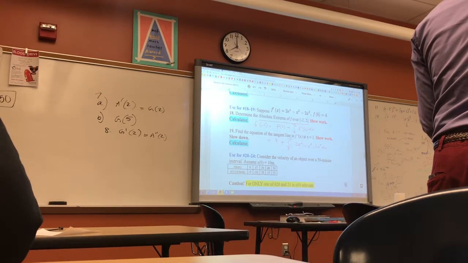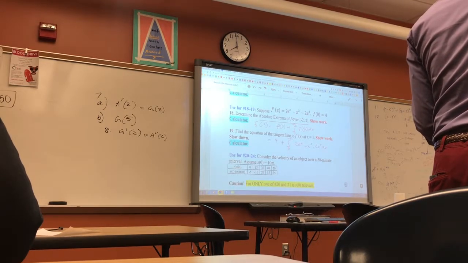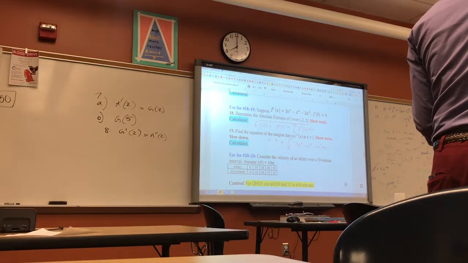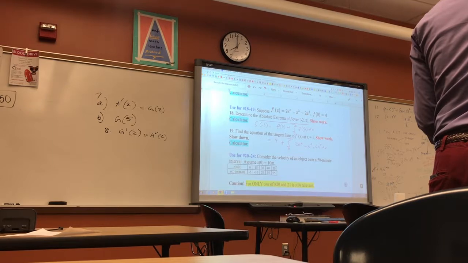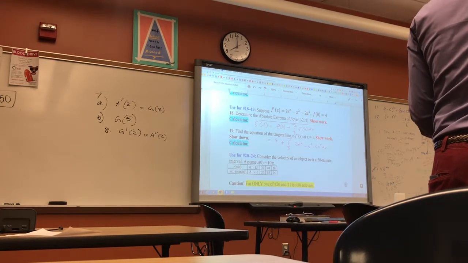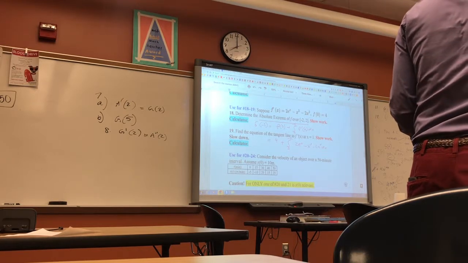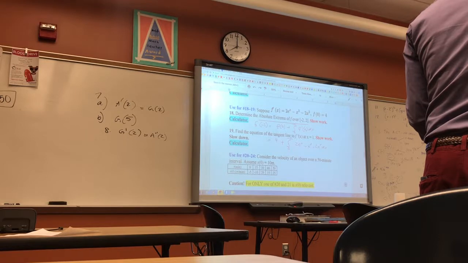Oh, this is really flat. Unless the window is off. If you go to menu, option 4, window, you can hit window settings, hit enter. It allows you to set the lower limit and upper limit. Our lower limit is -2, so you can set X min to be -2.